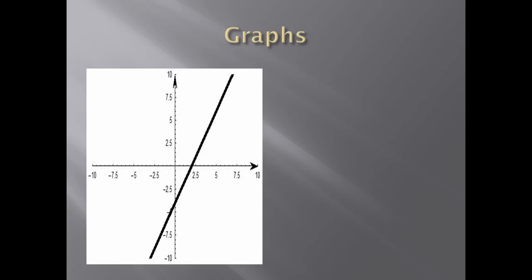The x-intercept is when the y value is 0. As you can see along this line, when the x value is 0, the line hits negative 4 on the y-axis. And when the y value is 0, the x value is 2, and the line hits 2 on the x-axis.